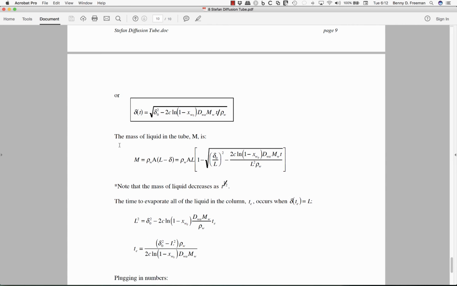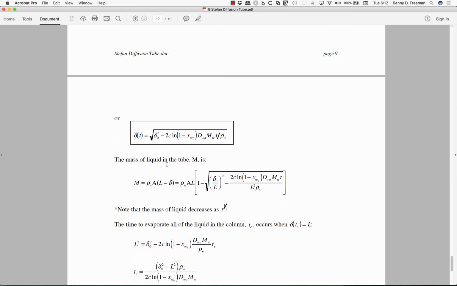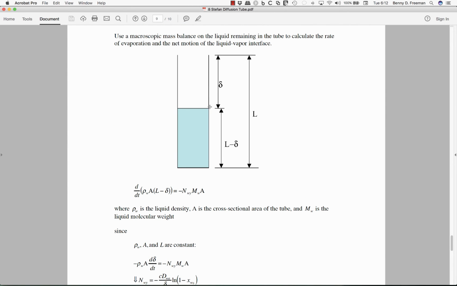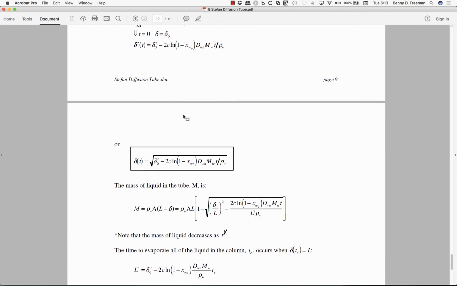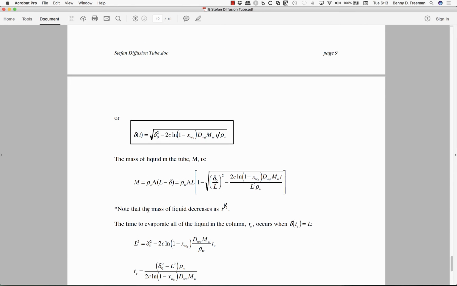We can calculate the mass of liquid in the tube as just the density of water times the volume of water, and the volume of water in the tube is just the cross-sectional area times L minus delta. So L minus delta times the cross-sectional area of the tube gives us the volume of water, and then we multiply that times the density, and we get the mass of water in the tube.